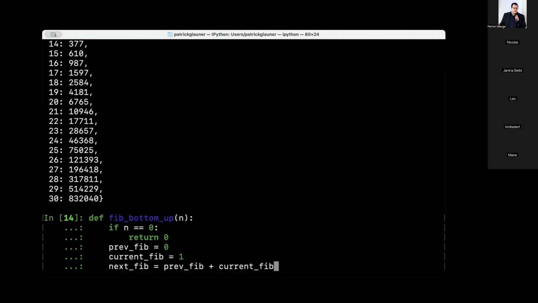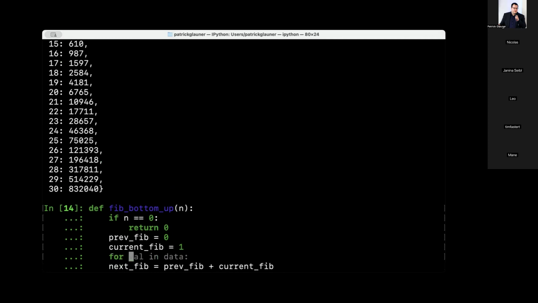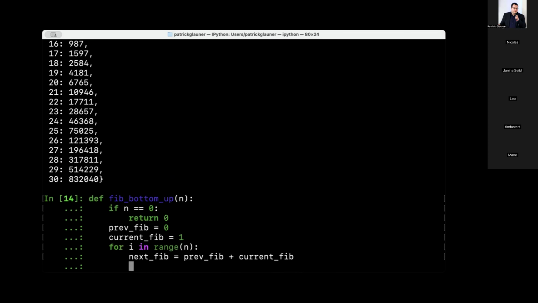But we need some sort of repetition in here now, because n may be very large. So we can say for index in range of n, I want to calculate this next Fibonacci number, which is the sum of the previous one and the current one. And because I want a fixed number of helper variables, I need to rotate these values now, because I have calculated the next Fibonacci number.